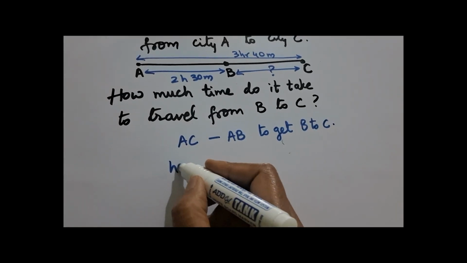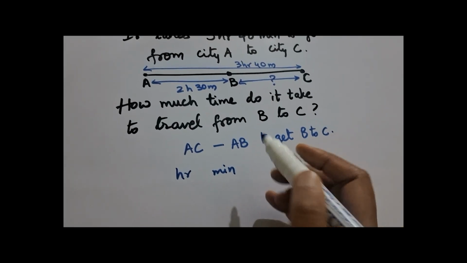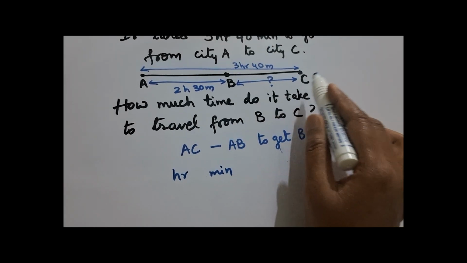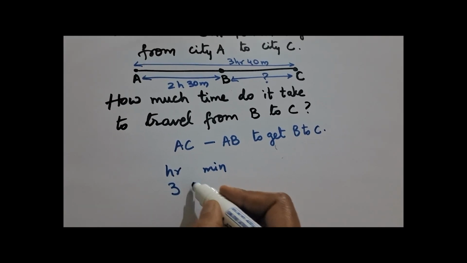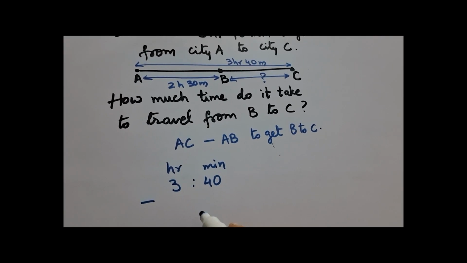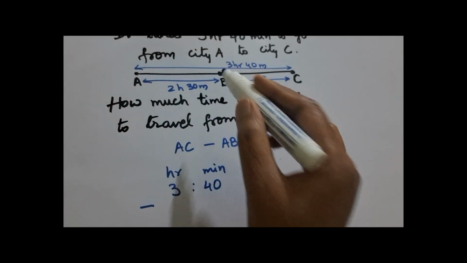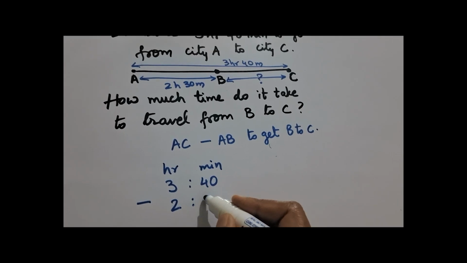Now let's find out, children, hours and minutes. Here we have to subtract the time taken to travel A to C, that is 3 hours 40 minutes, and we subtract the time of A to B, that is 2 hours 30 minutes.